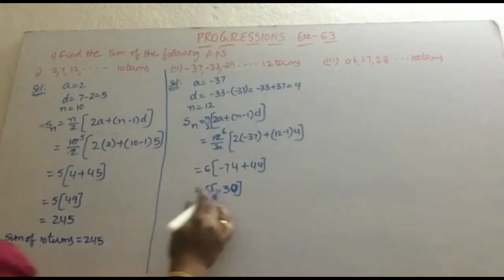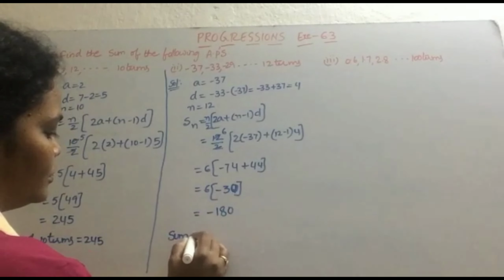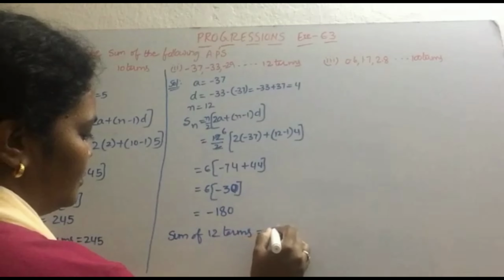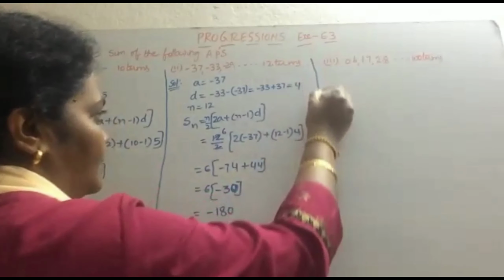Minus 30 into 6 is minus 180. So the sum of 12 terms is equal to minus 180. And next problem.